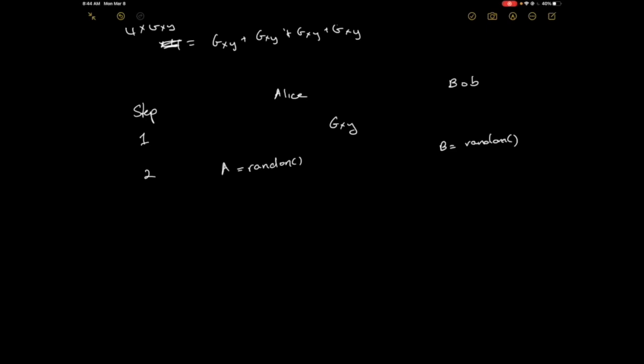Then we're going to calculate our new public key by taking our generator point, x y, and performing that scalar operation that we did before. So we're just going to take G x y and multiply it by a. And it's really easy. There are a lot of really quick algorithms for doing this in the elliptic curve space.